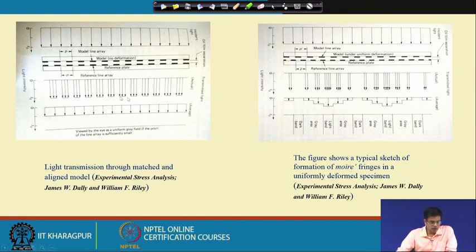This is essentially from Daly and Riley; I just pictured it for you to understand what it is. And this is a reference grating. If you see, this is the pitch here, and we can calculate from this p and p dash the center to center distance. These are center to center distances. So, we can calculate the strains in the body.